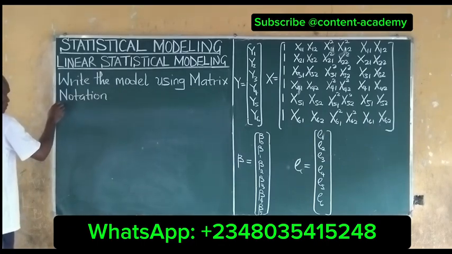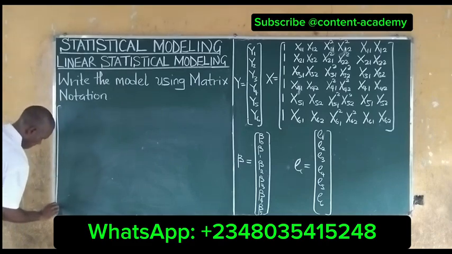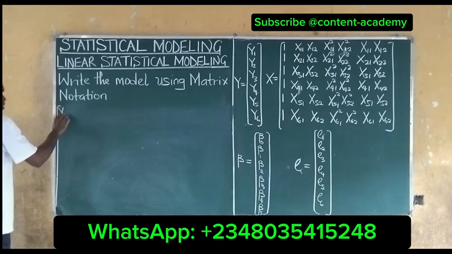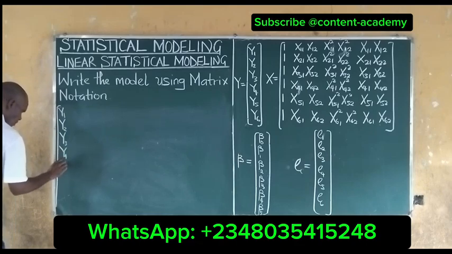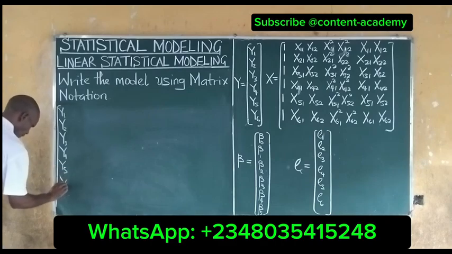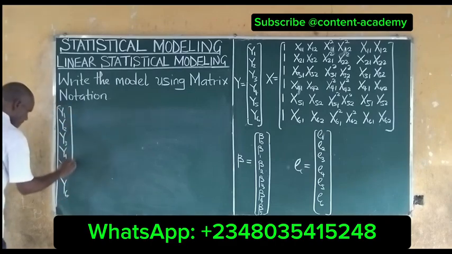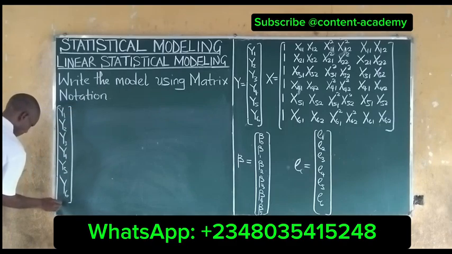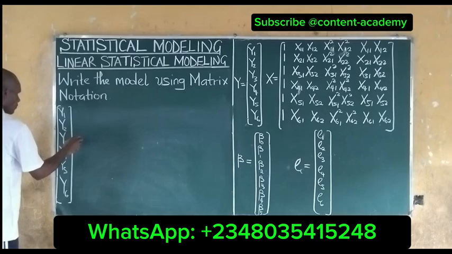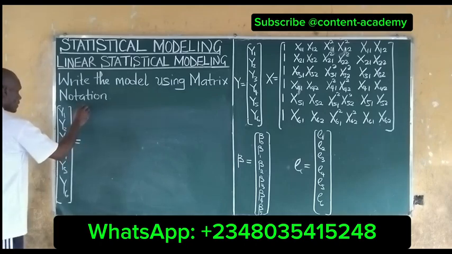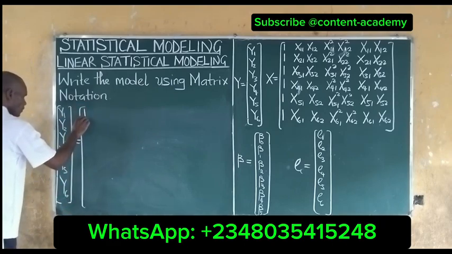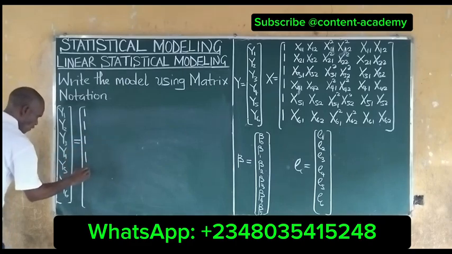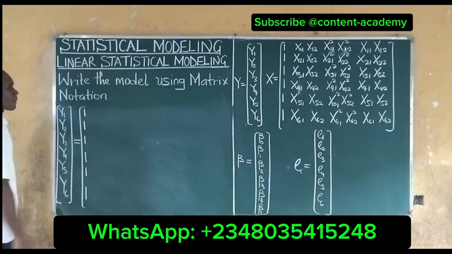So our y will come here first to give us y1, y2, y3, y4, y5, and y6, which is equal to our x. 1, 2, 3, 4, 5, and 6.